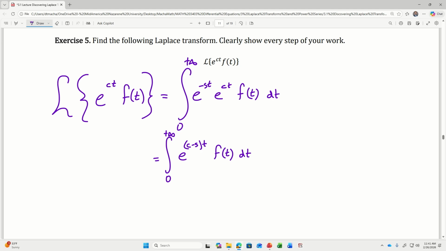So in our Laplace transform, this is going to be capital F of c minus s, where capital F would normally be the Laplace transform of lowercase f. But if I'm also multiplying the function lowercase f by e to the ct, the way it changes the Laplace transform is you replace all of the s's with c minus s's.